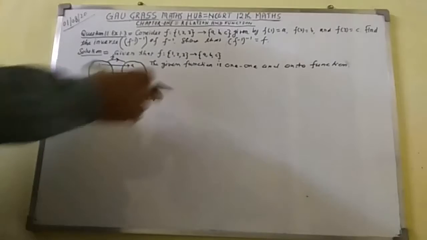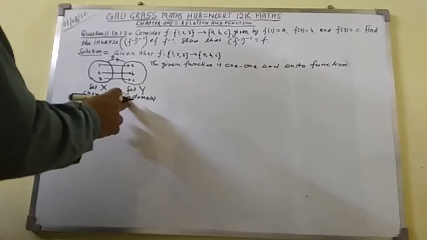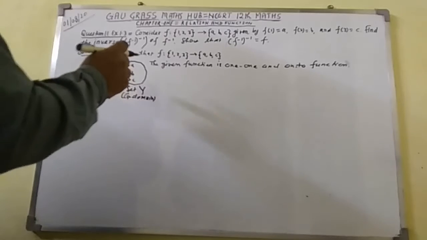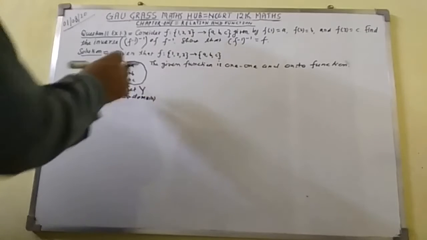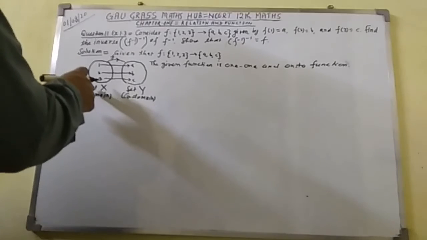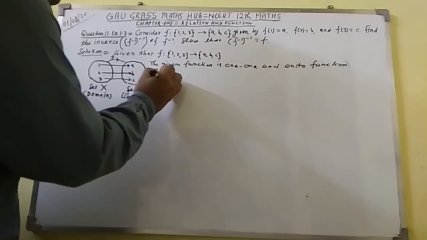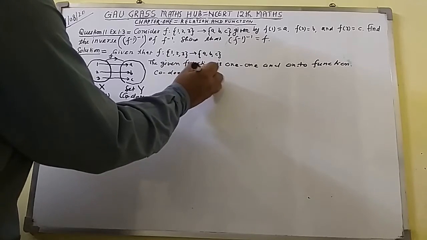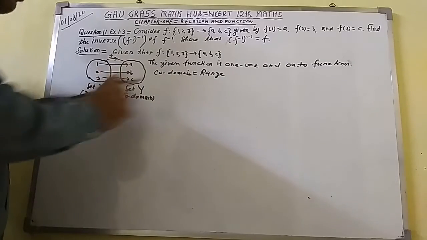And why onto? Because here in the codomain you can see a is the image, b is the image, and c is also the image of some distinct element in set X. That's why the codomain is equal to the range.